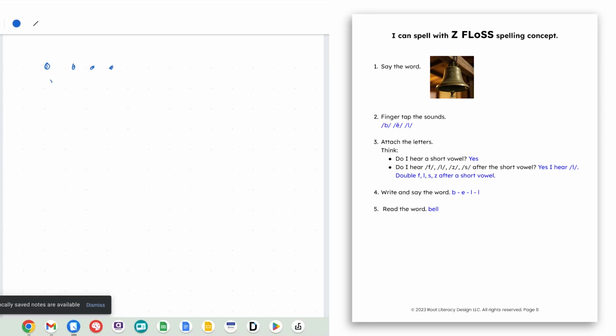So it says s, n, i. And then when I hear f at the end of a one-syllable word after a short vowel, I know that I need to double the F. Then the last thing I would want my students to do is read the word sniff.